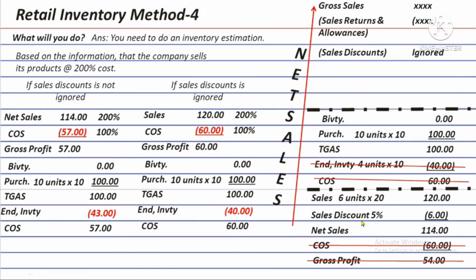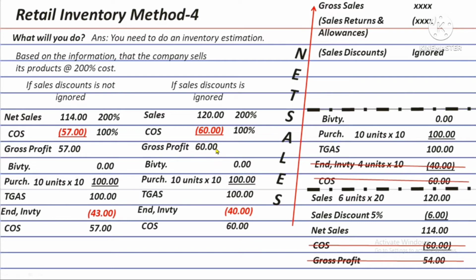Otherwise, you will be wrong in the computation of the gross profit, just like this one. So, the correct gross profit here is 54. If you ignore the sales discount totally in making the actual FS, you will arrive at the 60, which is the gross profit as if there is no sales discount, which is wrong, right?